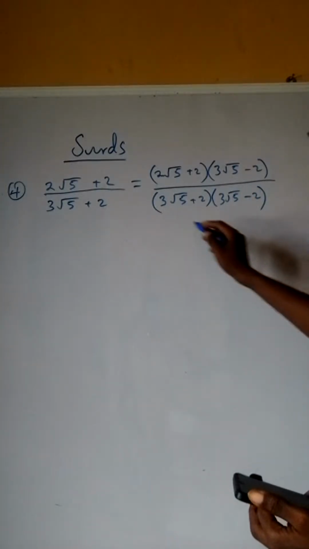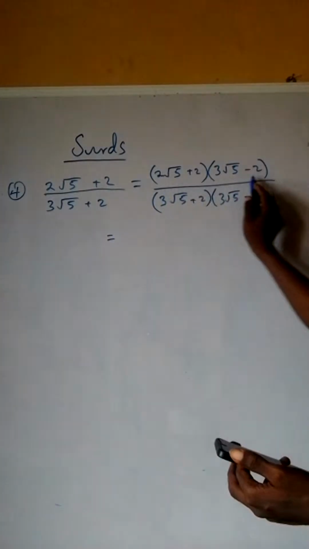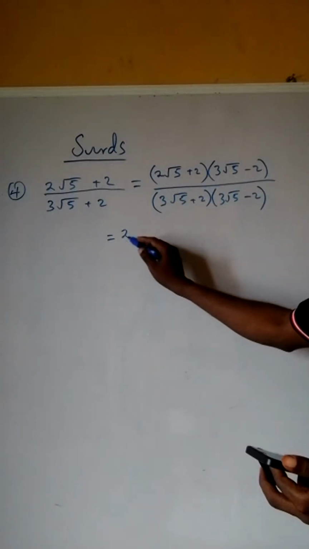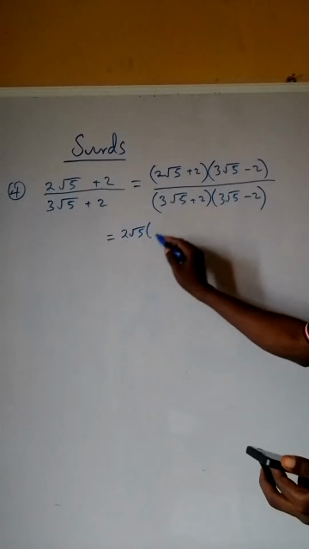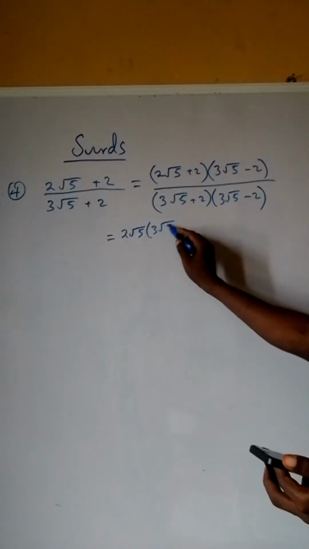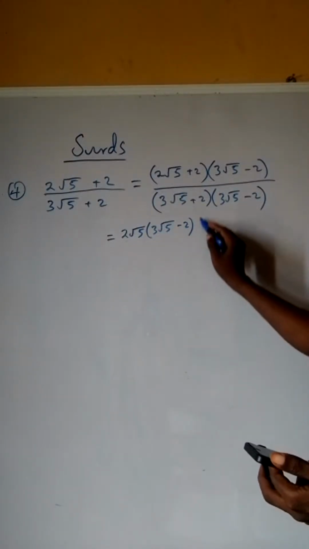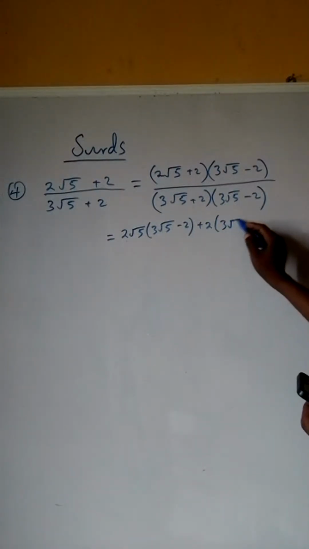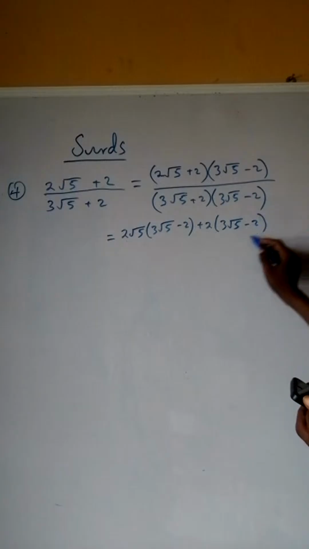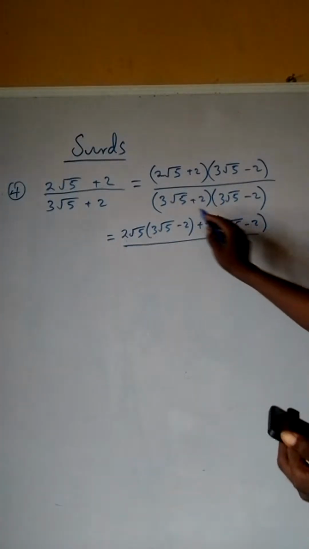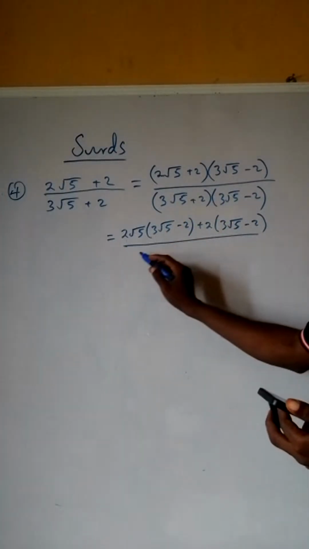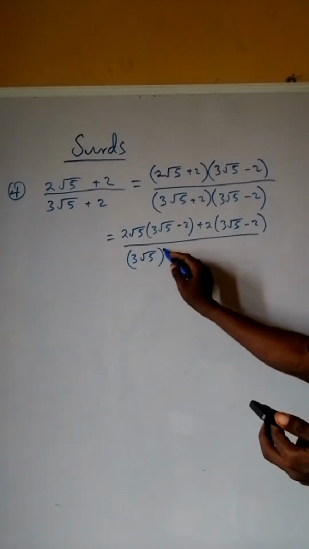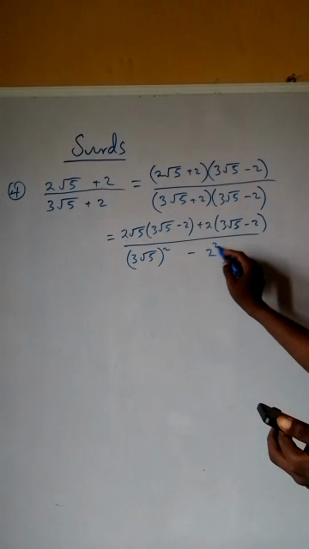And up here, we expand. What we have, 2 root 5, we multiply first. So we can write it as 2 root 5 multiplied by (3 root 5 minus 2). Also 2 multiplied, you have plus 2 into brackets, (3 root 5 minus 2), which is divided by, this follows difference of two squares, which we can write as (3 root 5) all squared minus 2 squared.